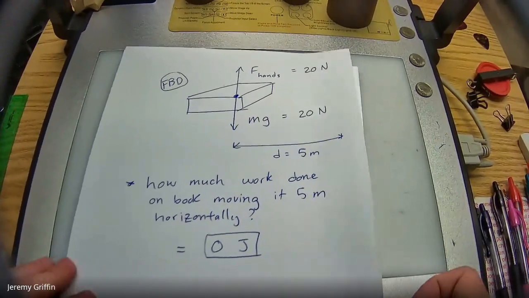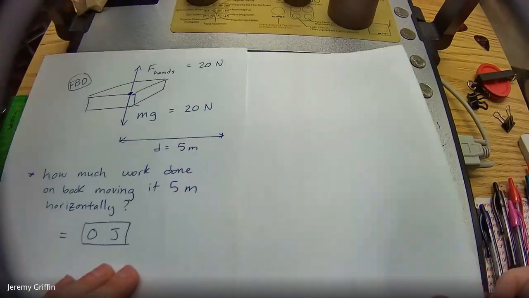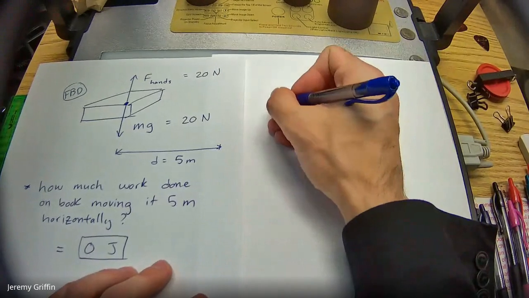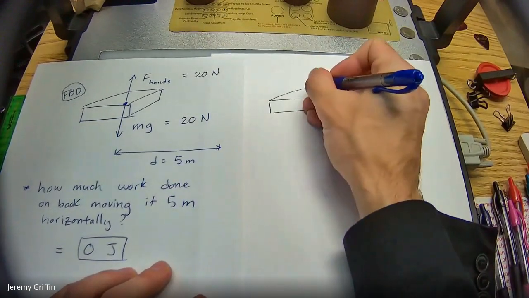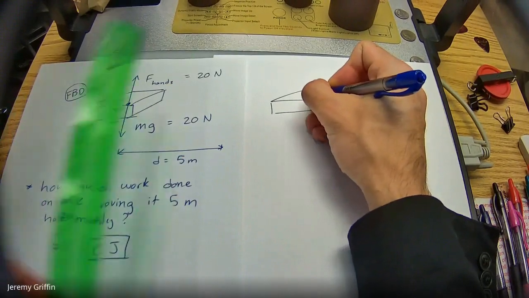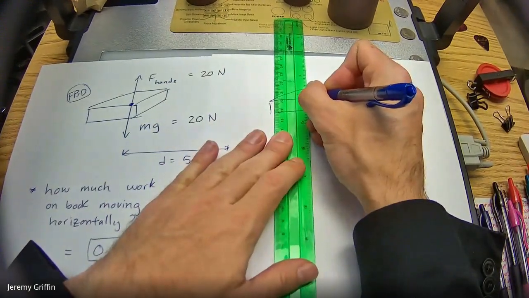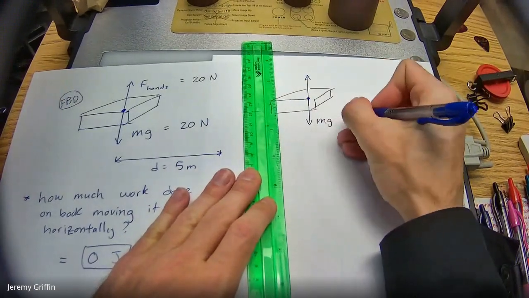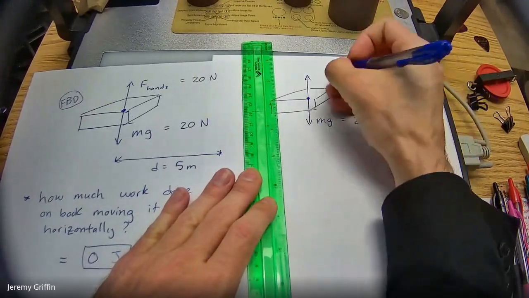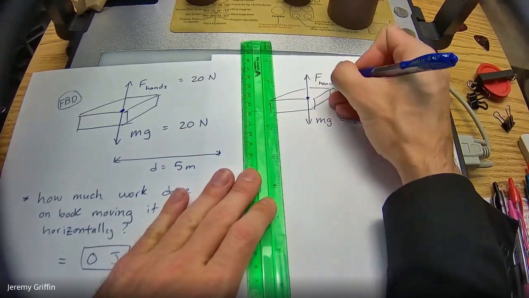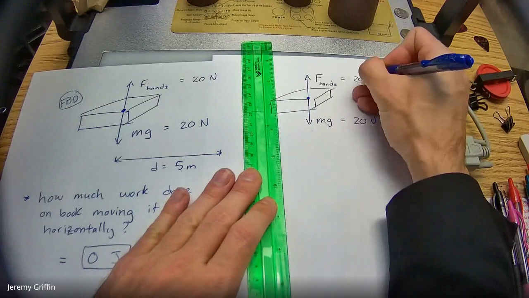So the next set of notes, I'm just going to redraw the book. Same free body diagram. It's got a weight down. Let me give you a number, 20 newtons, just like before. And your applied force from your hands would be 20 newtons to hold it up.